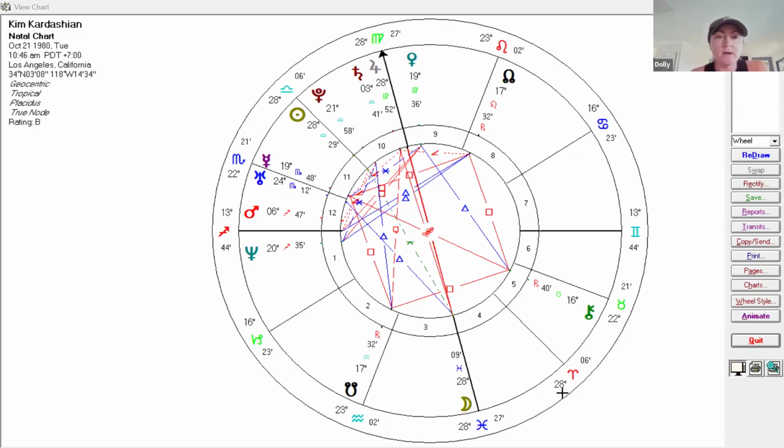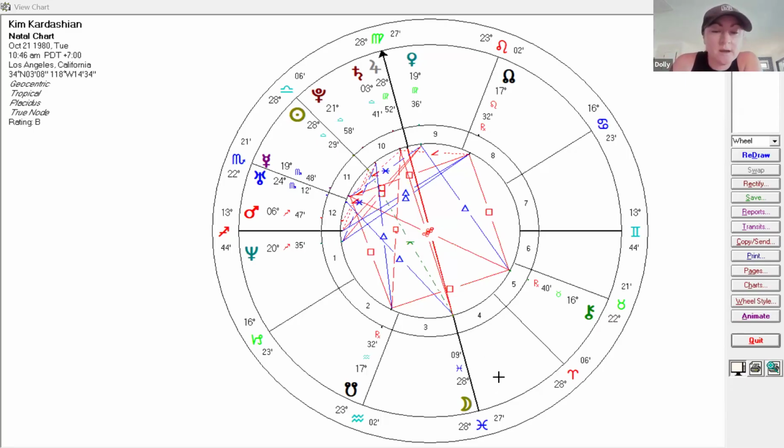Like I said, these two retrogrades started in the earlier degrees of Aries at 9 and 10 degrees. So if her fifth house starts at 28 degrees of Aries, then logic would tell you that 9 and 10 are going to be in her fourth house, because her IC, or the cusp of her fourth house, is at 28 degrees of Pisces.